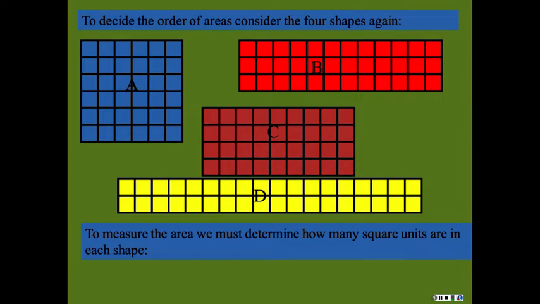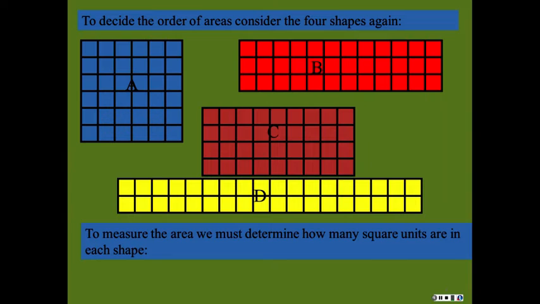I have 18 columns and 2 rows. So what's 18 times 2? 36. Okay, then you said B was next. So we have 1, 2, 3, 4, 5, 6, 7, 8, 9, 10, 11, 12. 12 times 3 is how much?